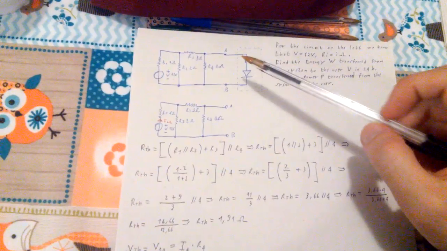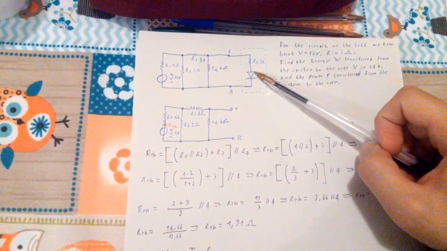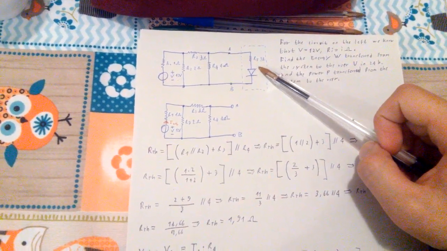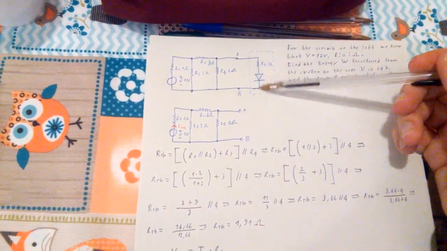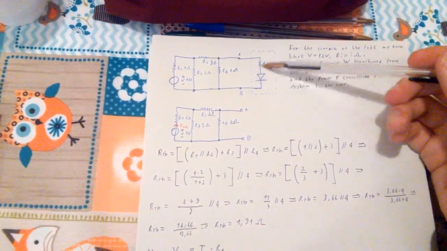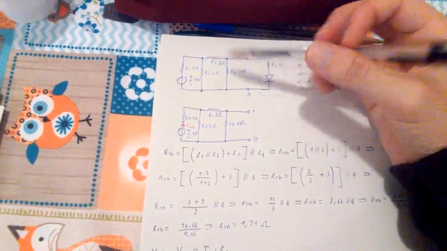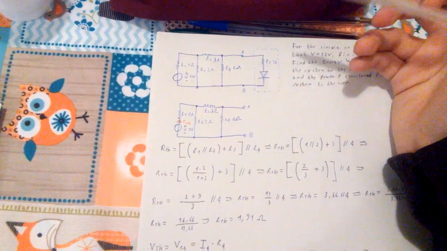Now, the diode that we have here can actually be substituted with a short circuit because it's polarized directly, and the current is flowing in this direction, so it's going to let the current go through.